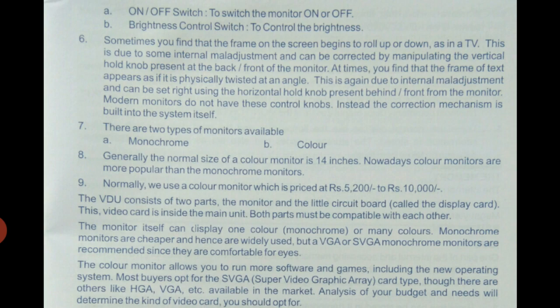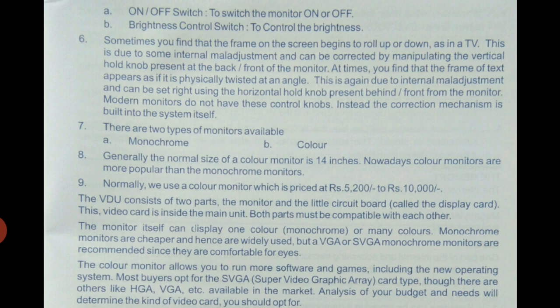Instead, the correction mechanism is built into the system itself. See, if we think about some old version monitors, then you will see a hold knob present either at the back or front. Because of that knob you can change some settings. And if you think about some modern monitors, then it is an inbuilt function.